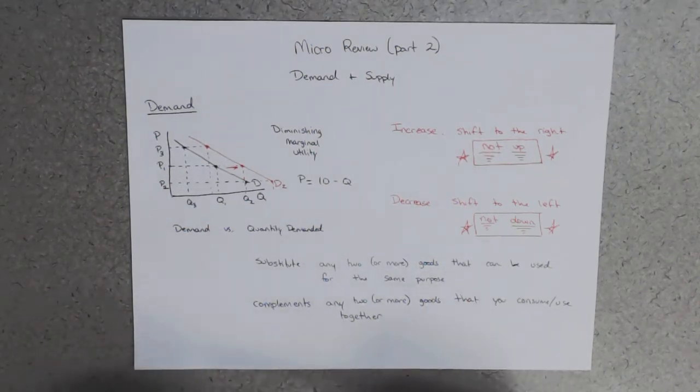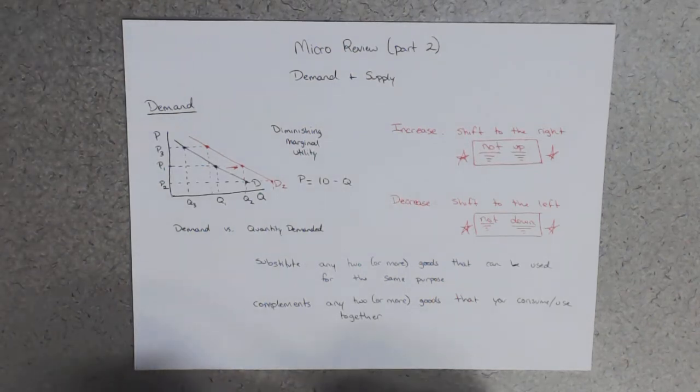The reason why is because what are you going to do with hot dog buns if you don't have hot dogs? There's nothing to really do with them. So if you're buying fewer hot dogs, you need fewer hot dog buns. But what if the price of hot dogs falls? Well, what do you want to do then? You're going to want to buy more hot dogs, and by extension, you want to buy more hot dog buns.